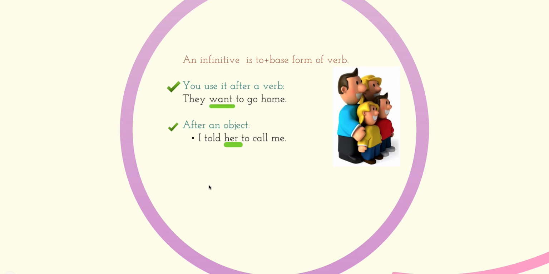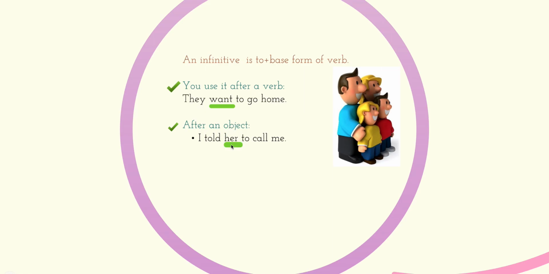Okay, thank you. Okay, so dears, as I was telling you, after an object, if you realize this first use and this second use are really similar because you have a verb, and then you have an infinitive. What is the difference? That you have, for example, here, someone or a person who is receiving the action.